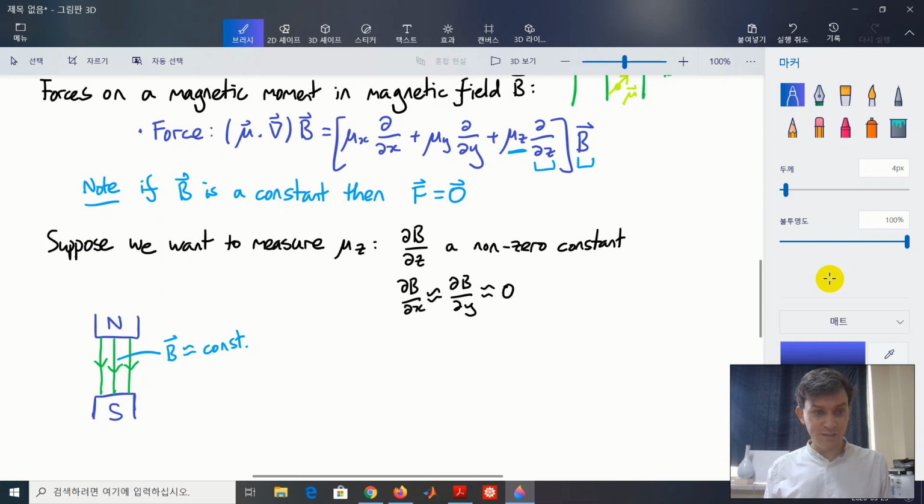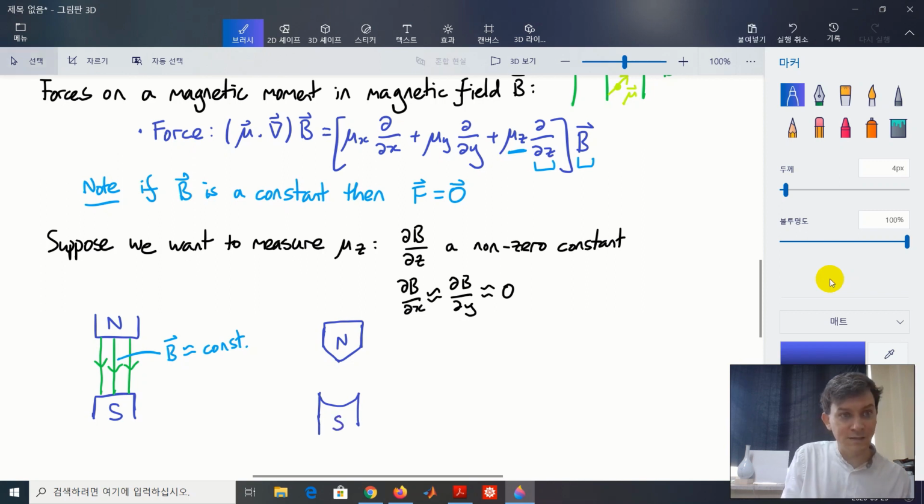So instead, what Stern and Gerlach did, I think one of them suggested the experiment and the other one actually performed it. I can't remember which way around it was. Anyway, they had funny shaped magnets. So they had the north pole of the magnet having a sharp edge like this, and they had the south pole of the other magnet having a curve like this.